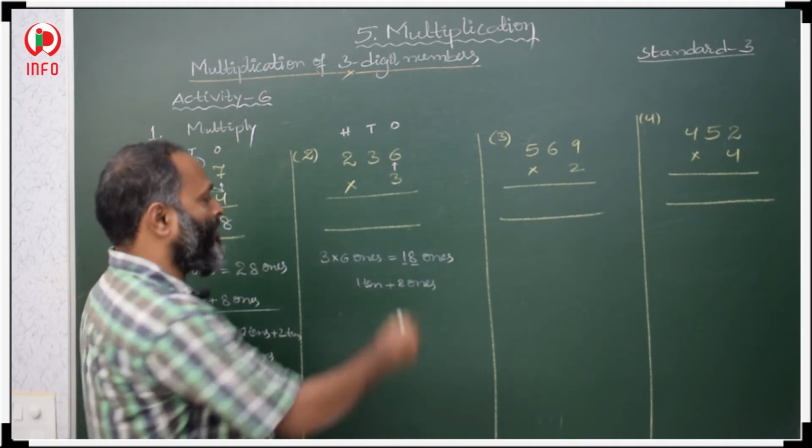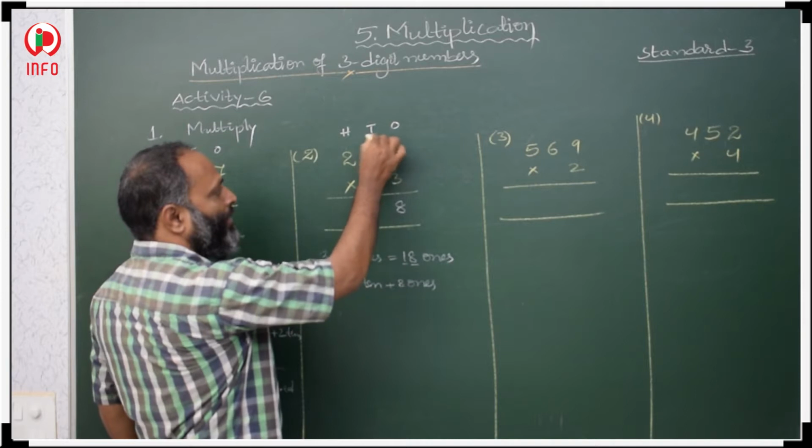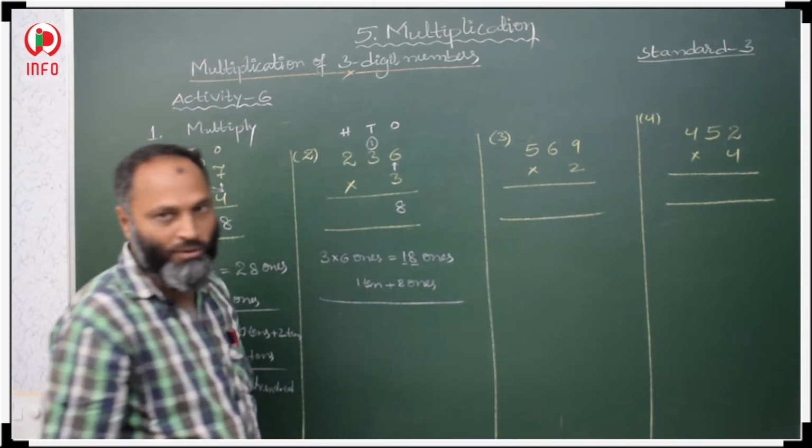In ones place we write 8, and in tens we take carry over 1 ten. It means ones multiplication is over.